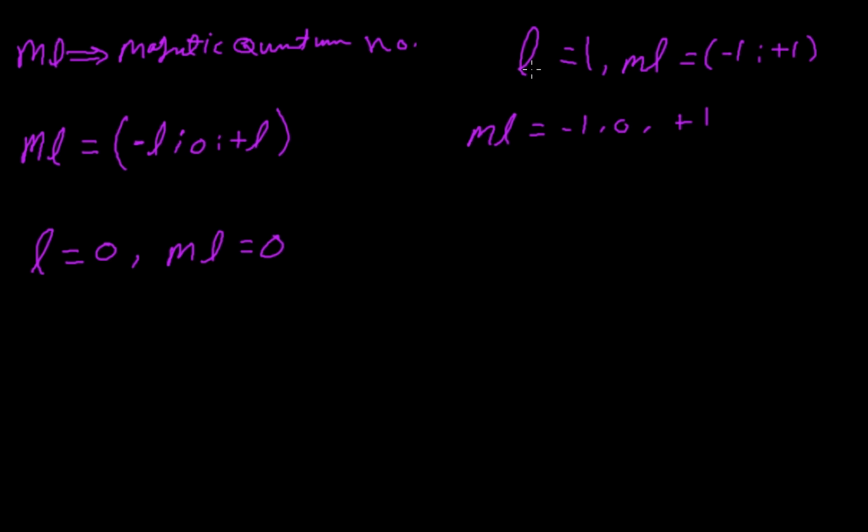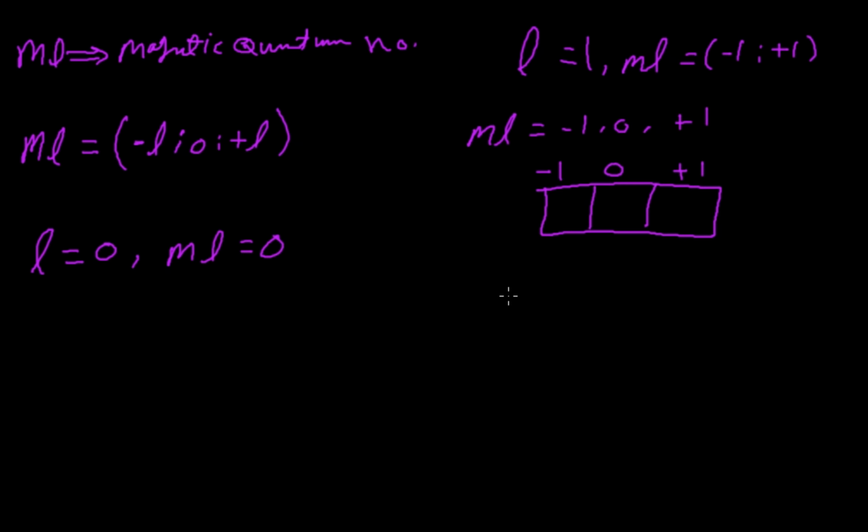And this makes sense because you have L, or the subsidiary quantum number, equal to 1. That means you have a P sublevel. So when you have a P sublevel, you have 3 orbitals, which are negative 1, 0, and positive 1.